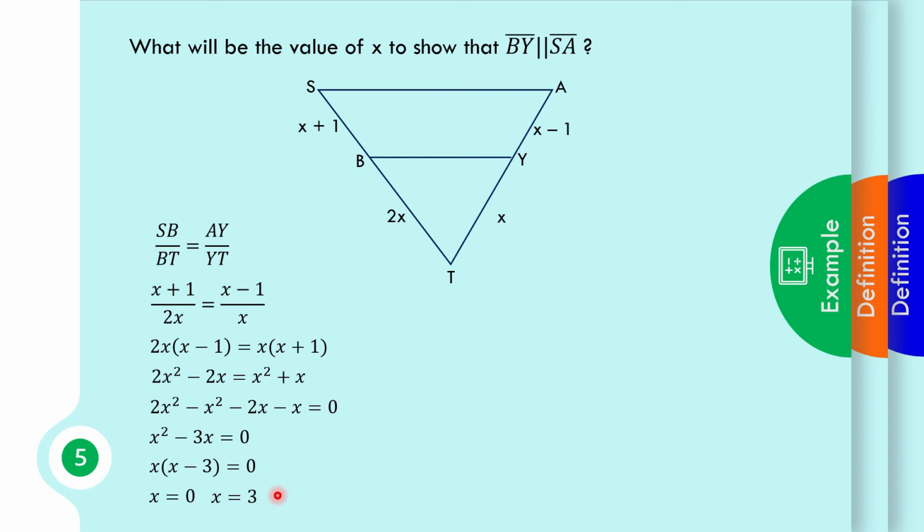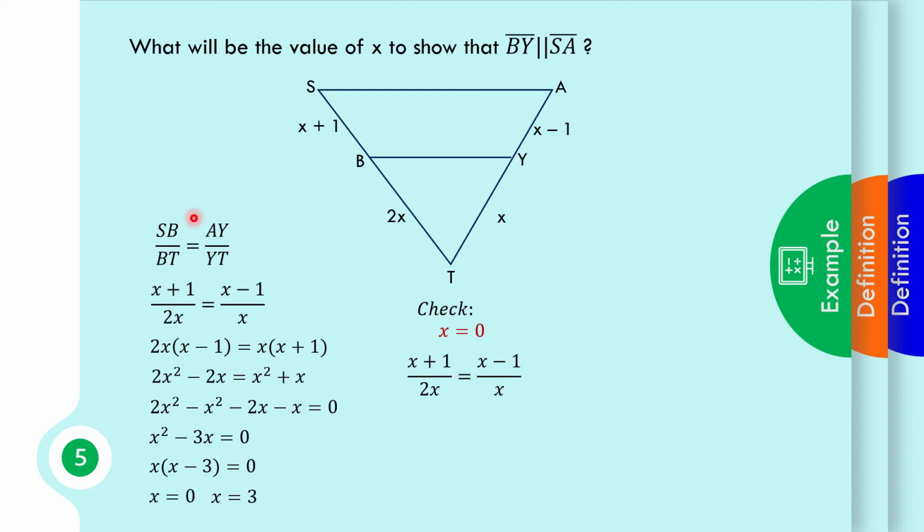Let us substitute these values to our proportion SB over BT is equal to AY over YT to check which value shows that BY is parallel to SA. So let us check first if x is equal to 0. Substitute it to x plus 1 over 2x is equal to x minus 1 over x.